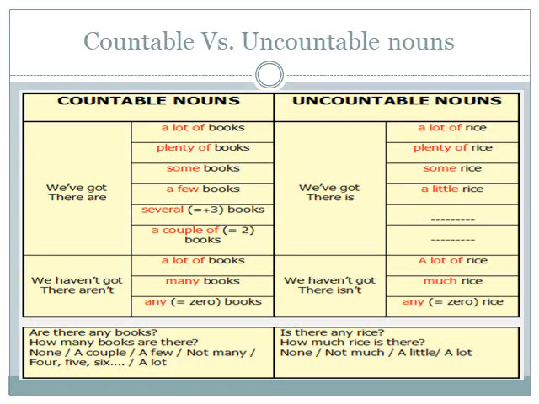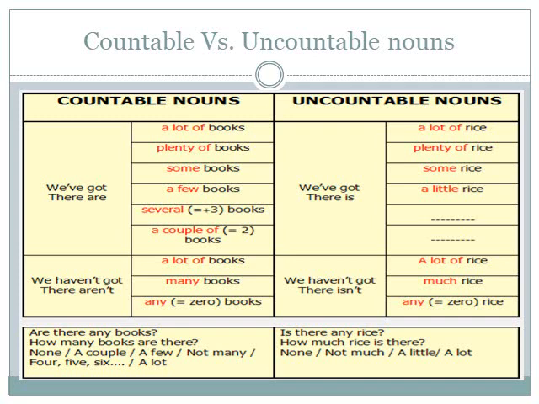So now this is countable versus uncountable nouns. If you look at this given table, you can see the comparisons between expressions that can be used with both countable and uncountable nouns and the expressions that cannot be used with both. Now the first one, a lot of. A lot of can be used with countable nouns as well as uncountable nouns.